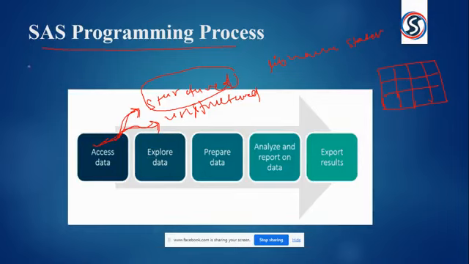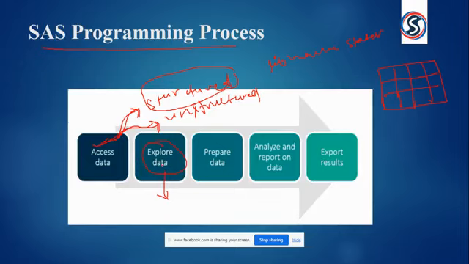Exploring the data also means, suppose we want to sort our data and remove duplicate records, duplicate observations. Like that we can explore the data with SAS. Here we can explore and validate the data.